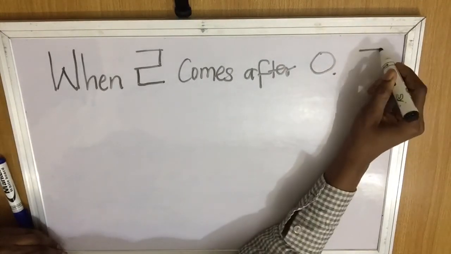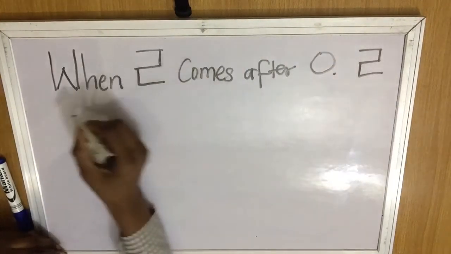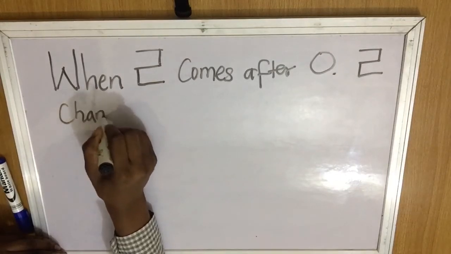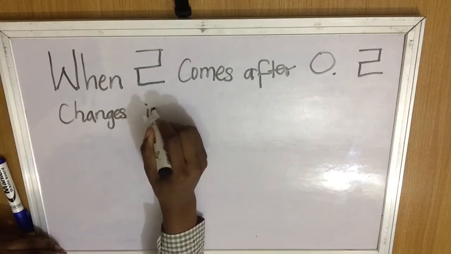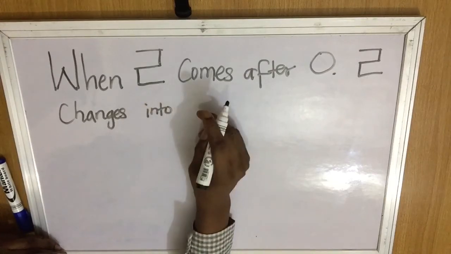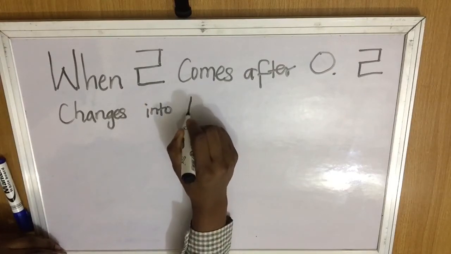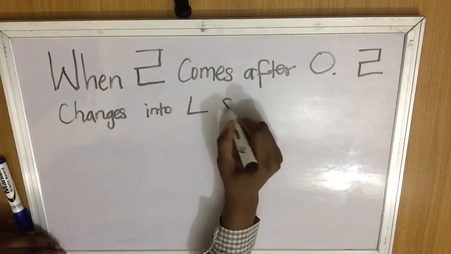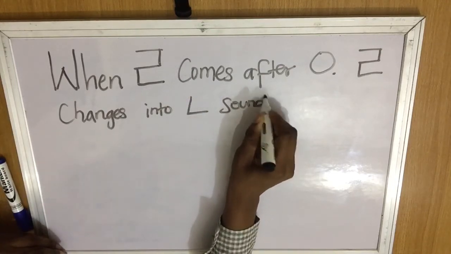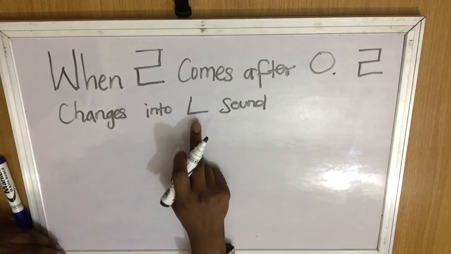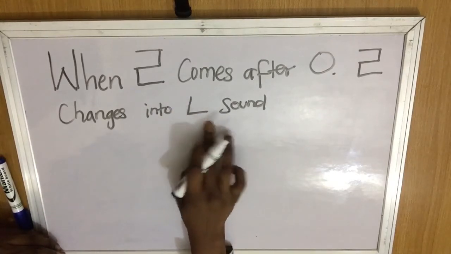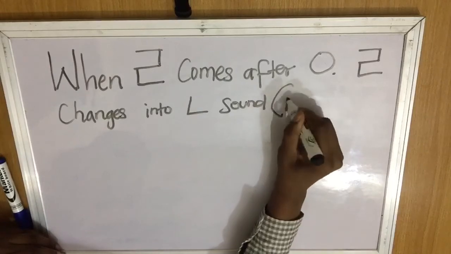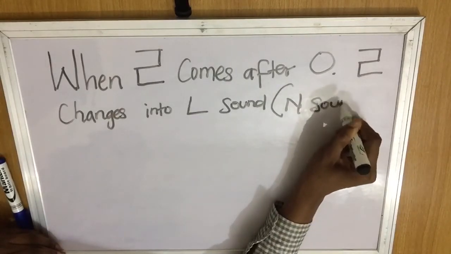So lir changes into neon sound. That's N sound. N sound. So neon sound or N sound.